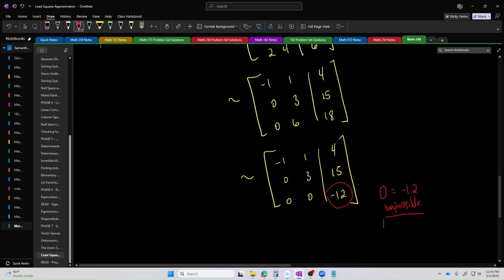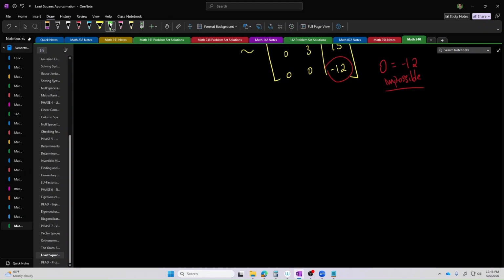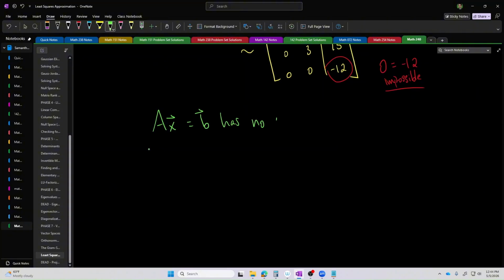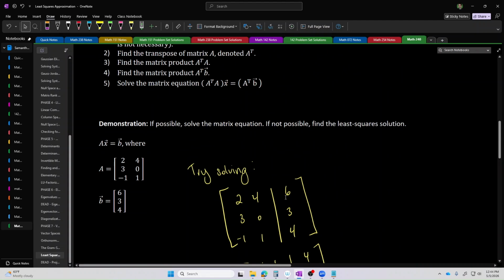And because it's impossible, we know that AX equals B doesn't have an actual solution. So it's impossible for us to attain the value that we actually really wanted.